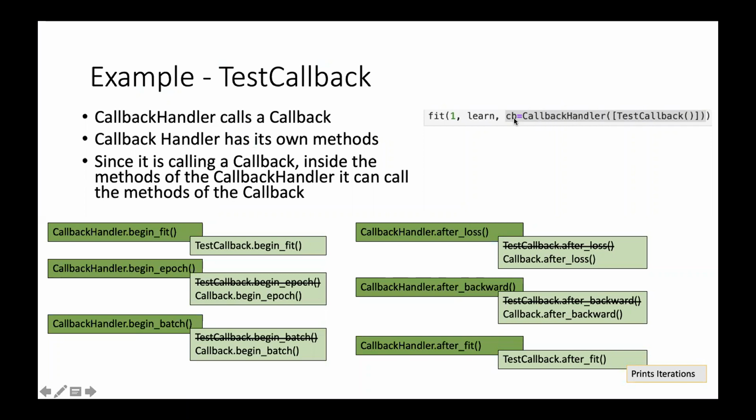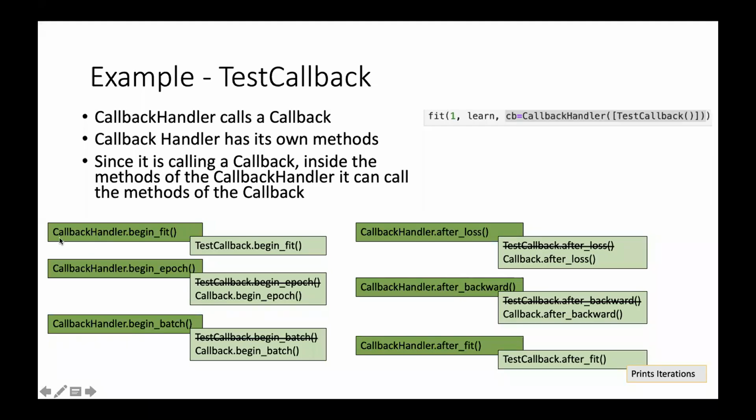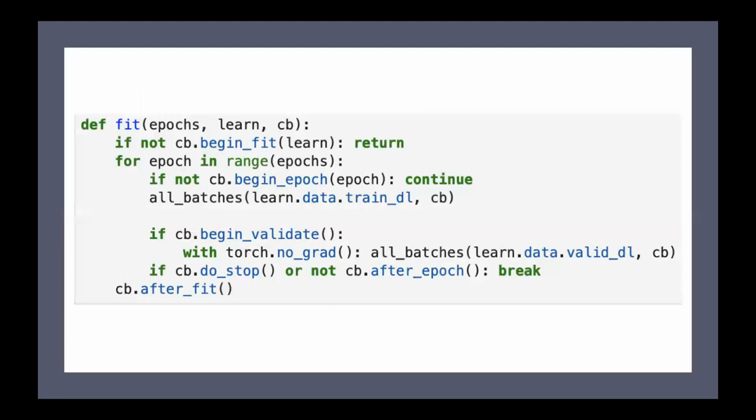My callback within the fit is a callback handler, which again calls in something called a test callback. So that's my callback function. First, when we come here to begin fit, it calls this callback handler's begin fit. Now let us go to the code.